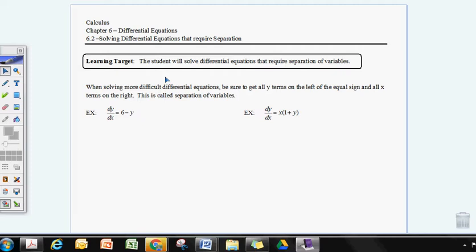Our goal today is that you are going to be solving differential equations that require something called separation of variables. But before we even start, up here on top, I am going to make a little side note. This is going back and making sure you remember some algebra rules that we have seen before.